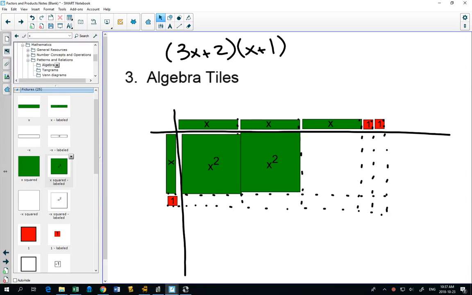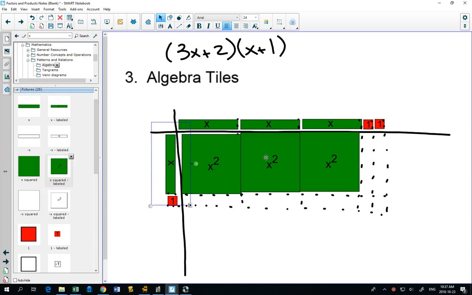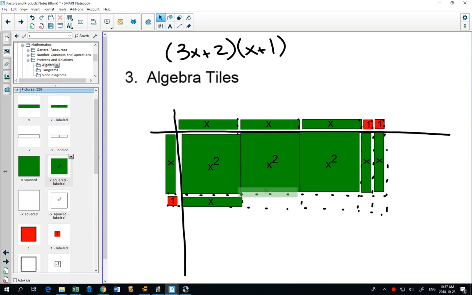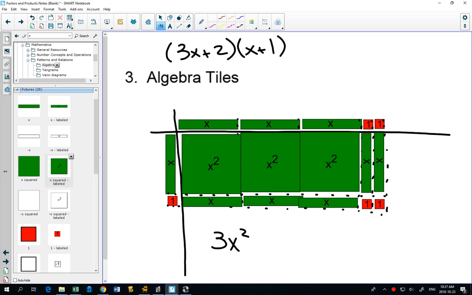I would need an x squared here, and I would need an x squared there to fill in those spaces. This one I'll need an x to fill in. This one, here, here, and here I'll need an x to fill in. And here I'll need a 1. So once that whole rectangle is filled in, what do I have? I have 3x squareds, 1, 2, 3, 4, 5 x's plus 2.